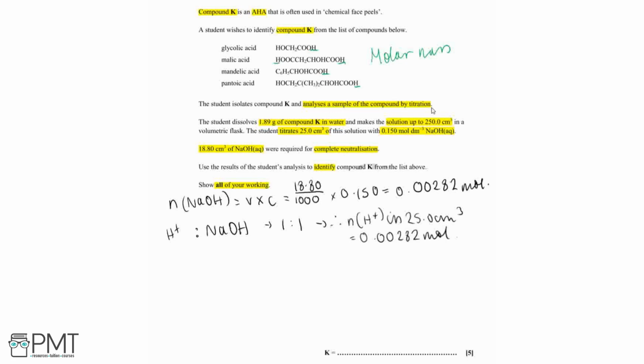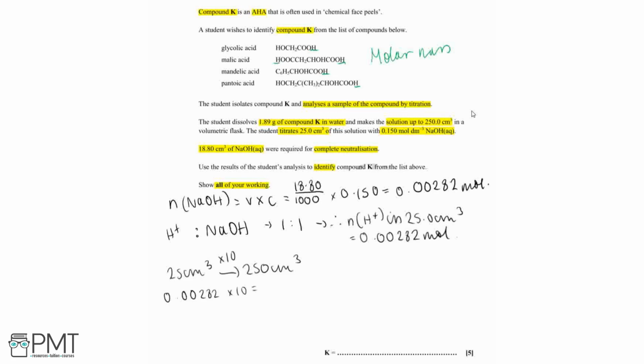Now we've worked out how many moles of acid we've got from the 25 centimetres cubed, so we need to use this to work out how many moles of acid we had in our 250 centimetres cubed. We're working our way back to that original solution which was made up. To go from 25 to 250 you multiply by 10, so we also need to multiply our moles by 10 overall.